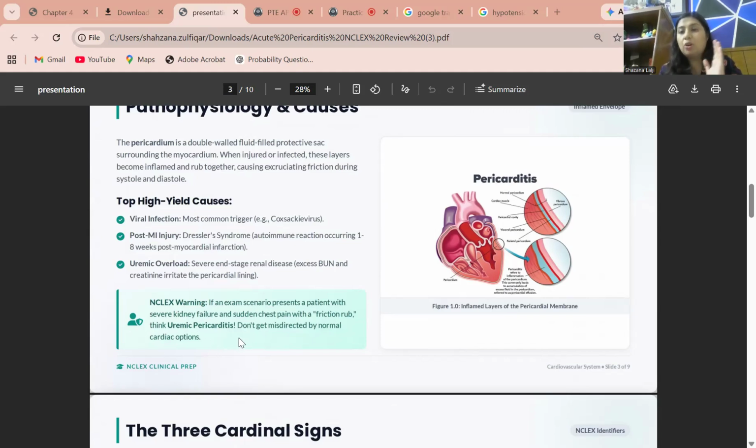Don't be misdirected by normal cardiac options. Because the main signs and symptoms are severe kidney failure and sudden chest pain with friction rub. So here an important point is friction rub.